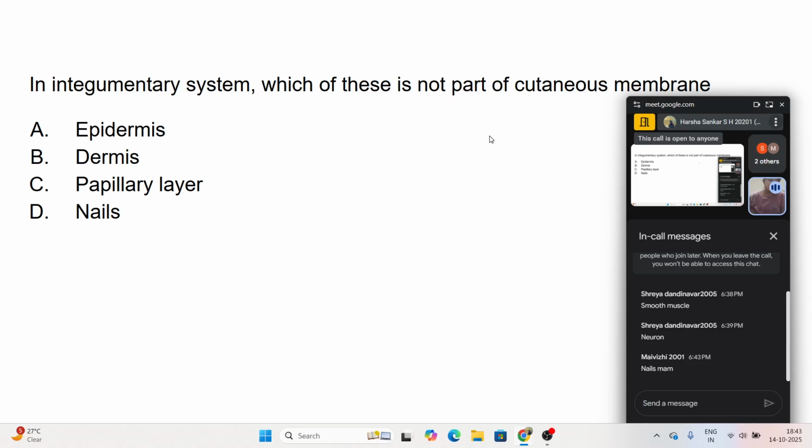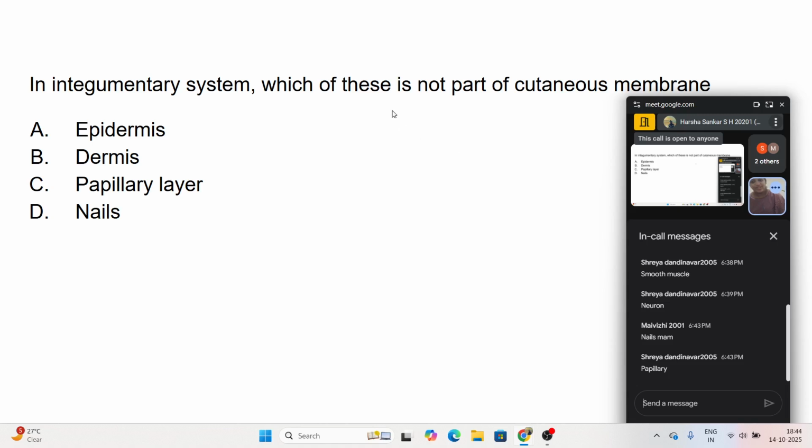Shreya, you can also type your answer, then we'll discuss. Okay, then I have another question. If nails is the answer, can you tell me which membrane it is a part of? Okay, someone is saying papillary.